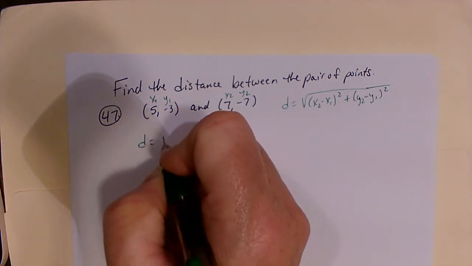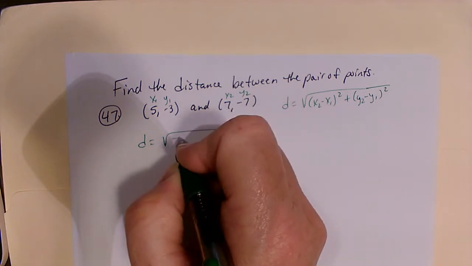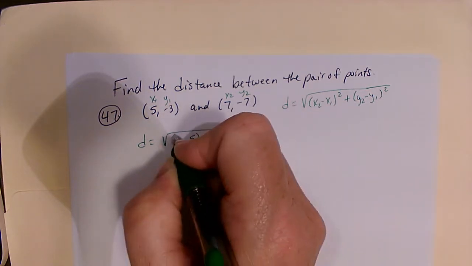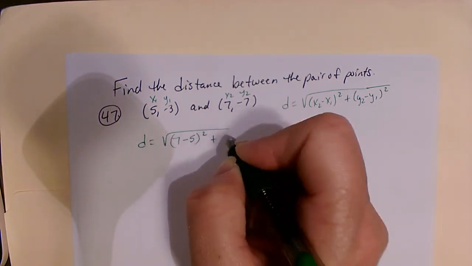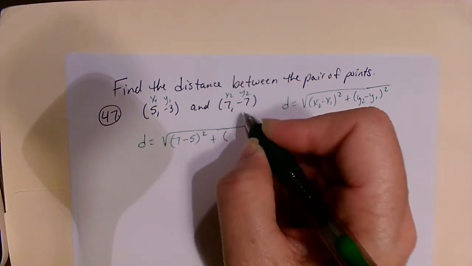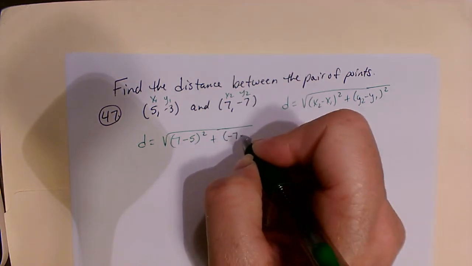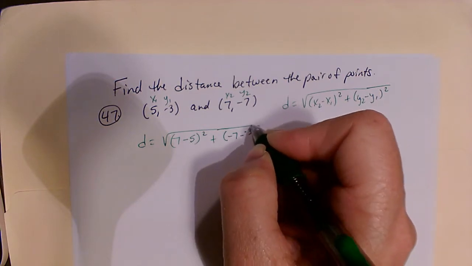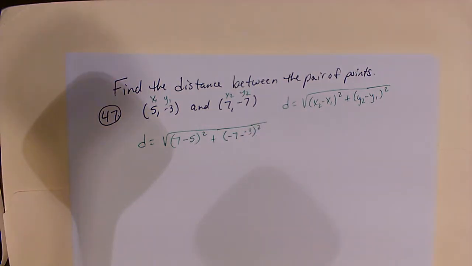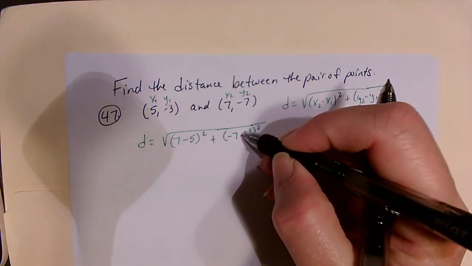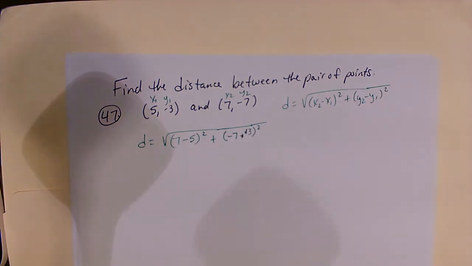So my distance is going to equal (7 minus 5) quantity squared plus (-7 minus -3) quantity squared. And anytime we have a double negative, that's going to create a positive.